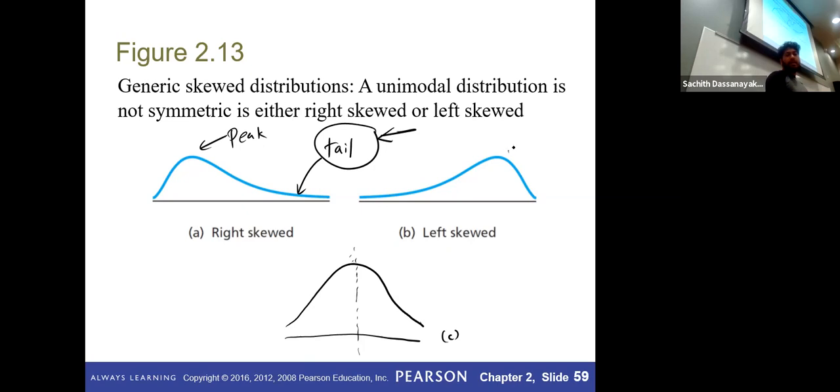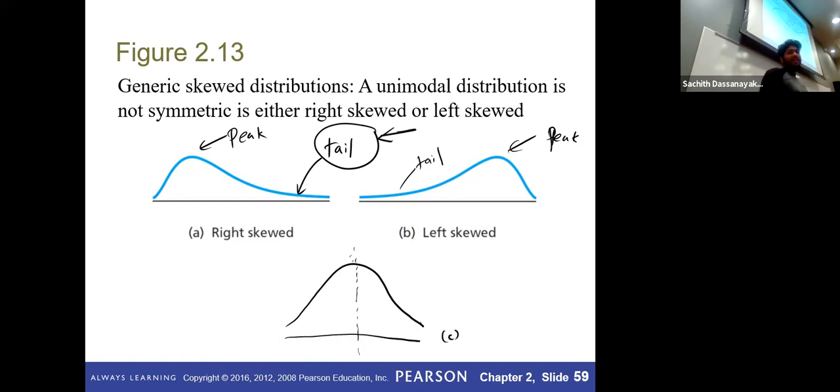Same applies here. This is the peak, and this is the tail. The tail side is your left-hand side, so we call it left skewed. Always we define the skewness based on the side of the tail, not the peak.